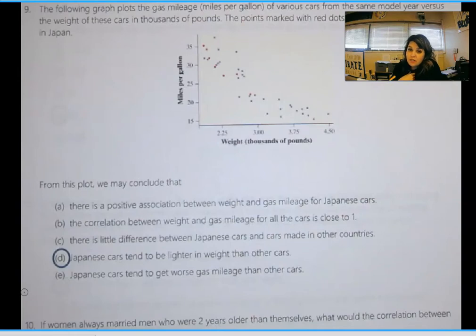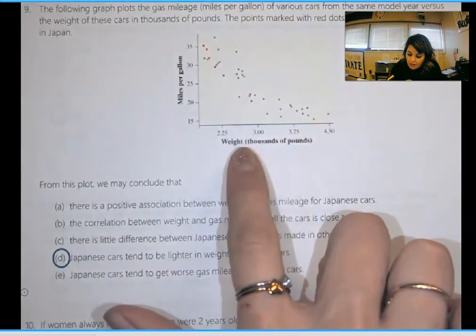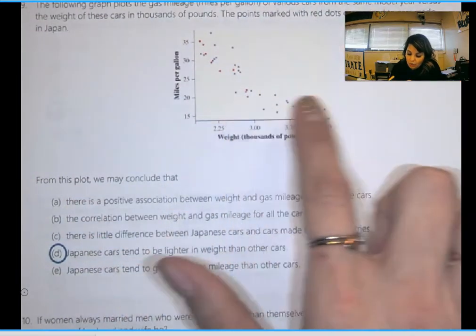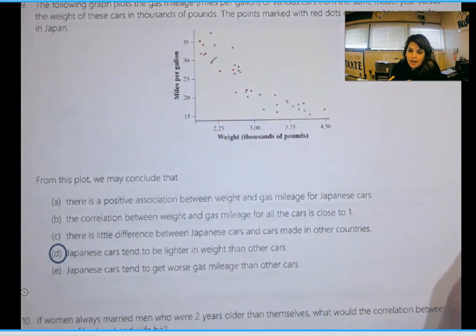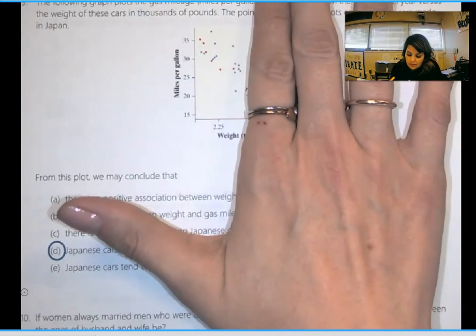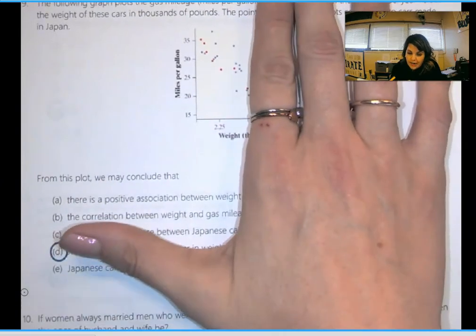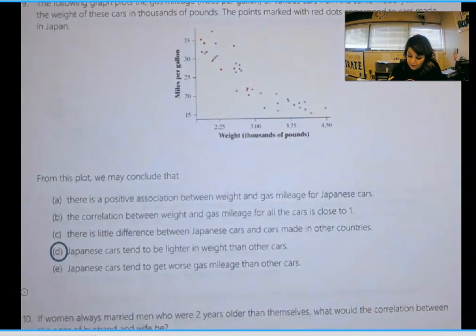Really, there is a noticeable difference. Japanese cars weigh less than almost half of the cars in this scatter plot. So it's clear to see that Japanese cars are lighter than a lot of cars.